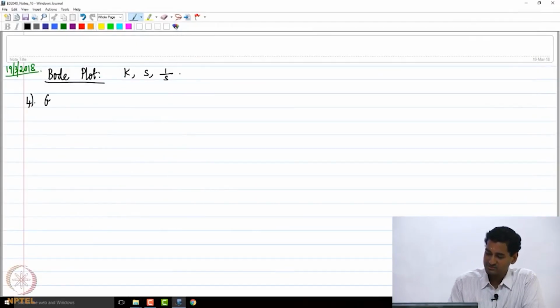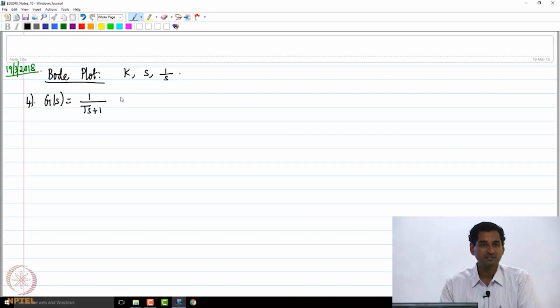let us say we choose G of s to be 1 by Ts plus 1, a first order term. Let us consider T to be greater than 0. We will see what happens when T becomes negative later on. To begin with, we will consider that T is a positive real number. What will happen to G of j omega?